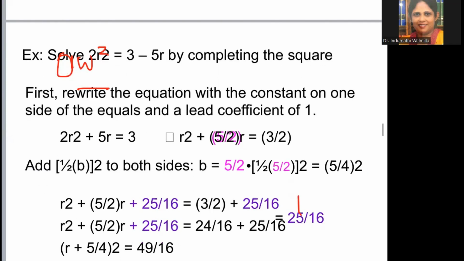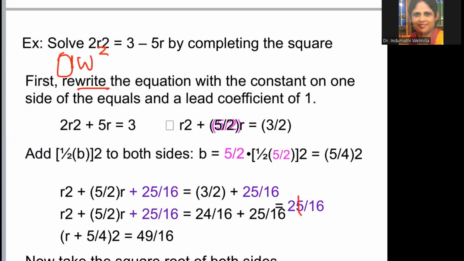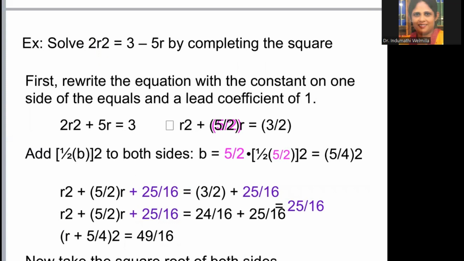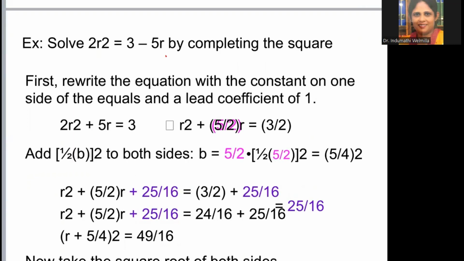Yes, this is the example. This is the given question, the given quadratic equation.